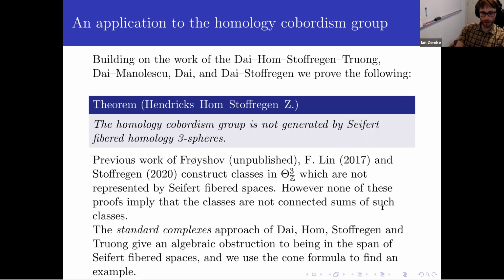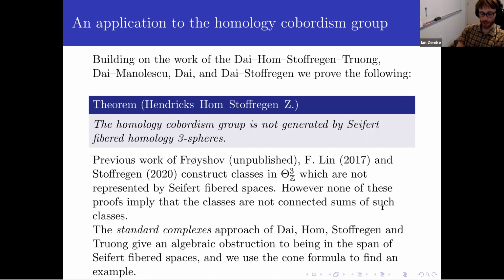This is due to the work of Dai, Stoffregen, and Truong, one of the critical inputs of this, where they gave an algebraic obstruction to something being in the span of Seifert fibered spaces.